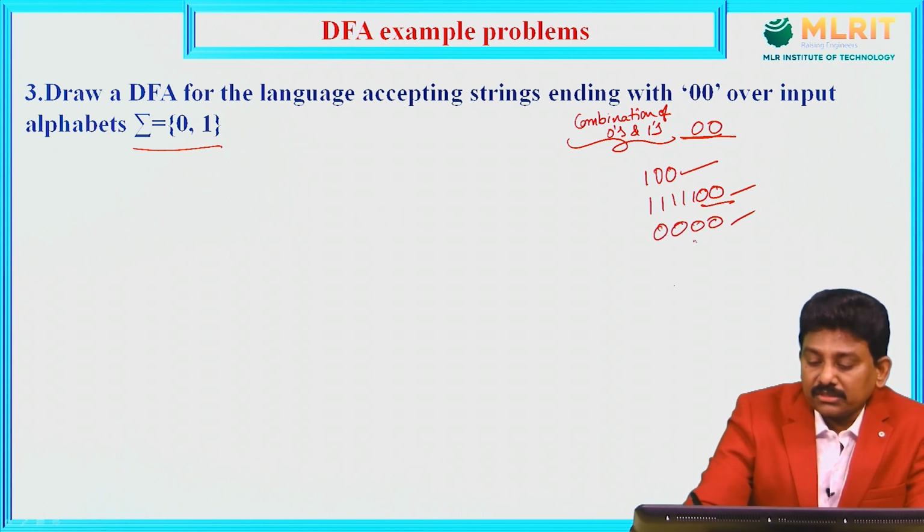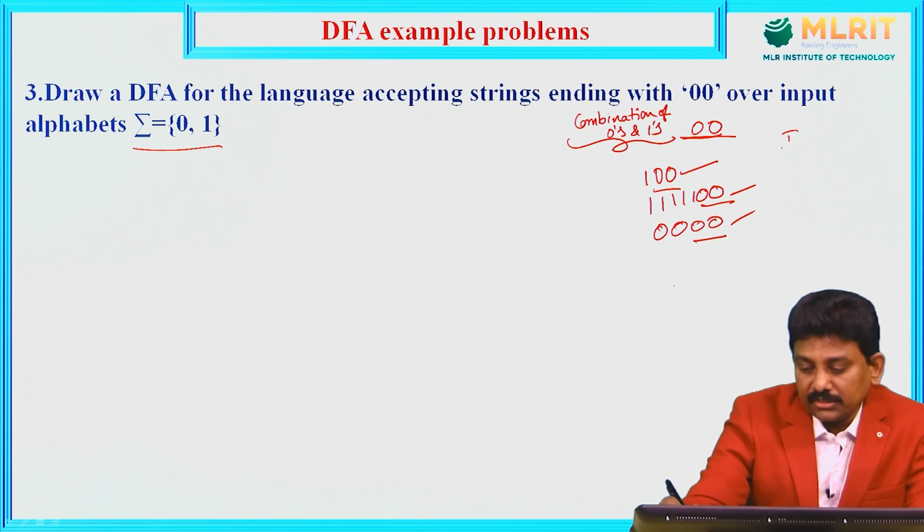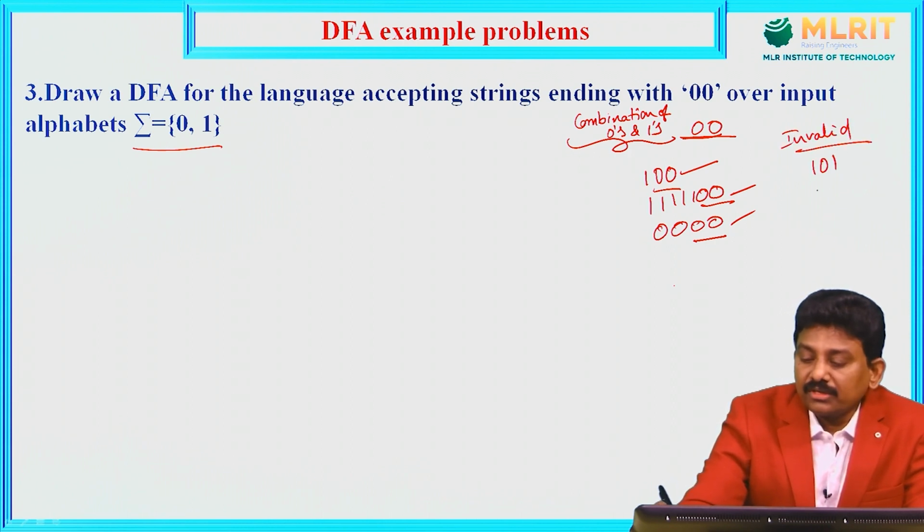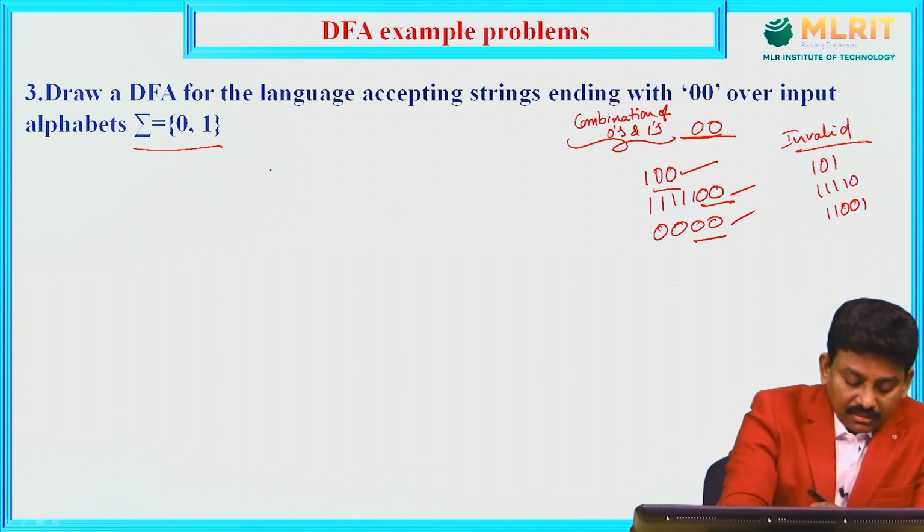Invalid strings: 1 0 1 is invalid, 1 1 1 0 is invalid, 1 1 0 0 1 is invalid. So, these are invalid strings.